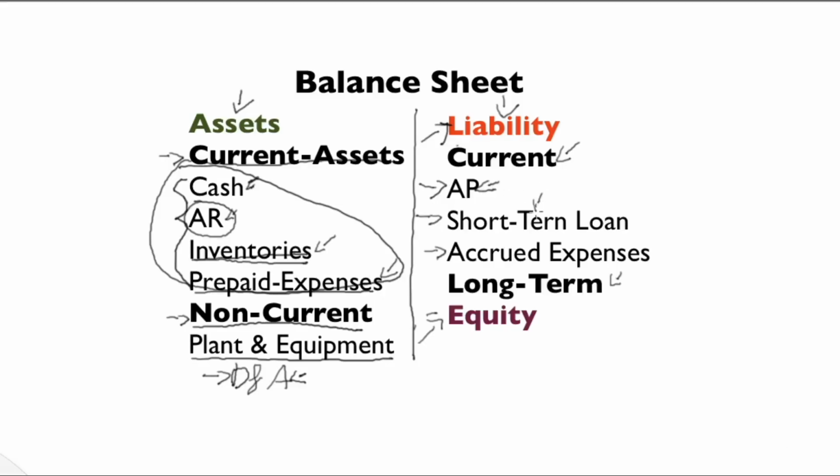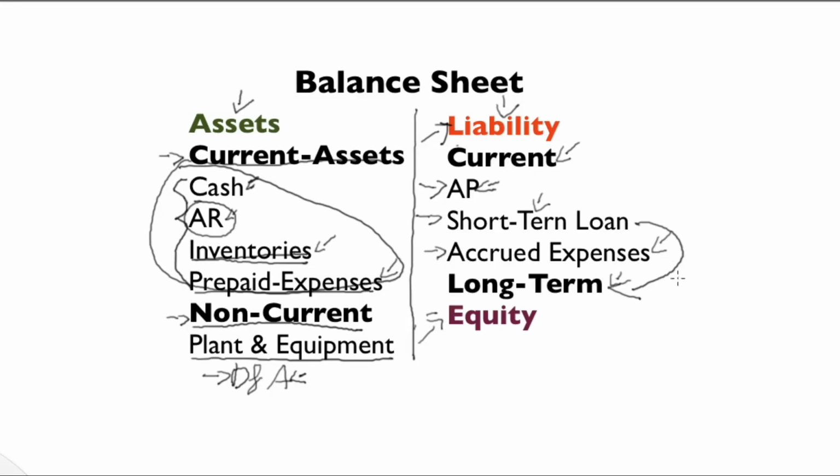And then we have short-term loans. For example, if you go to the bank and you take a loan, this is a short-term loan. And usually those are the ones that have a life of 3, 6, 9 months, less than 1 year. That's the important thing. Otherwise, they're going to be classified as long-term loans, and therefore they will be classified under long-term liabilities. And then we have the accrued expenses.